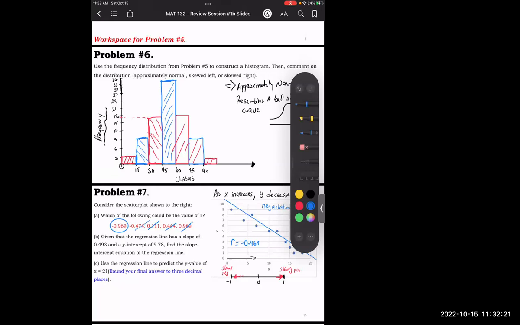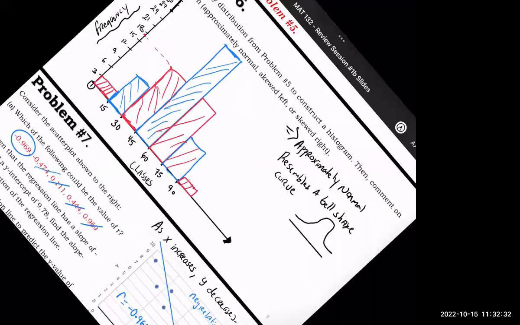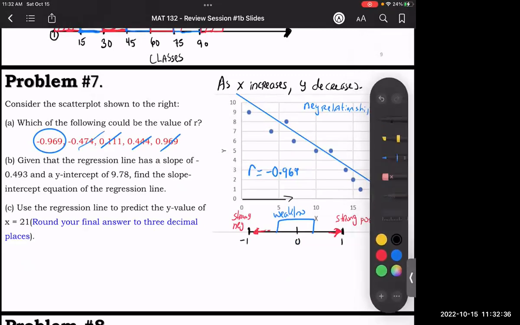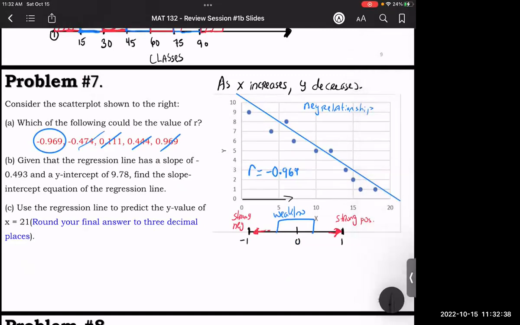If you get anything smack in the middle, closer to 0, we say that's weak or no correlation. So r is just trying to measure our relationship here. Looking at our graph again, you can see that most of those points, although they don't hit the line exactly, are all relatively close to it.